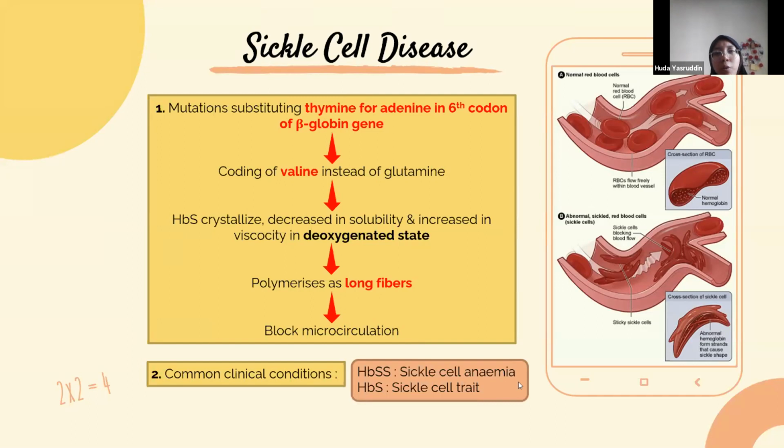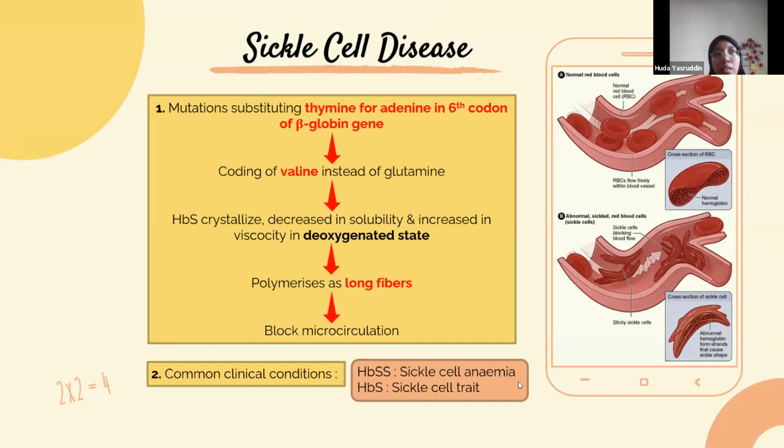The hemoglobin that is formed has a physical property of forming a polymer, which means that it can crystallize whenever it is in the deoxygenated state, or low oxygen tension state.